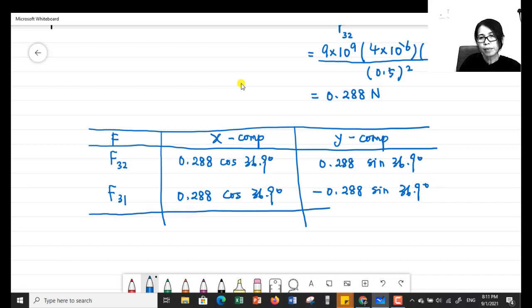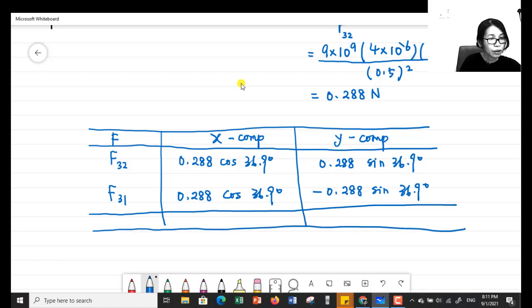Then we do the summation for component x and y separately. The net force along the x-axis will be 0.46 Newton. For component y, when we do the summation, we get the value is 0 Newton.